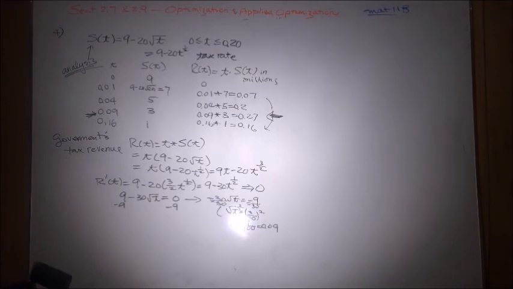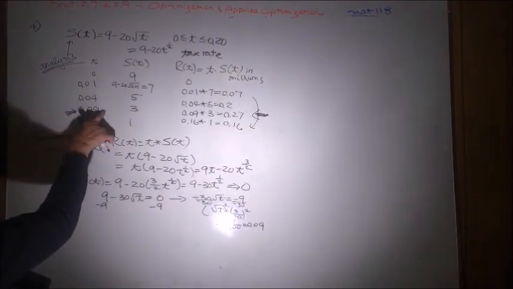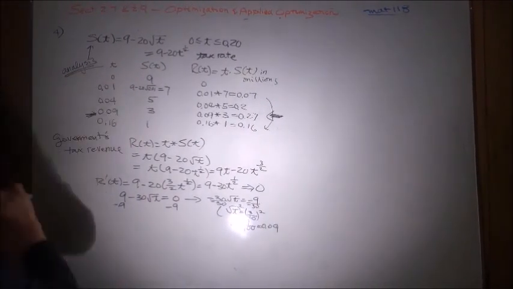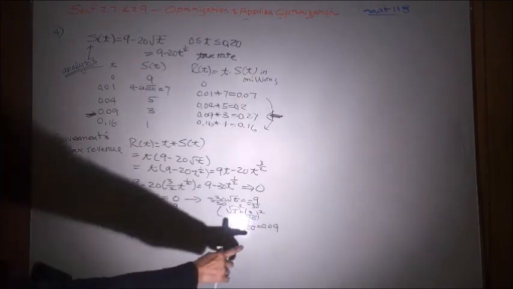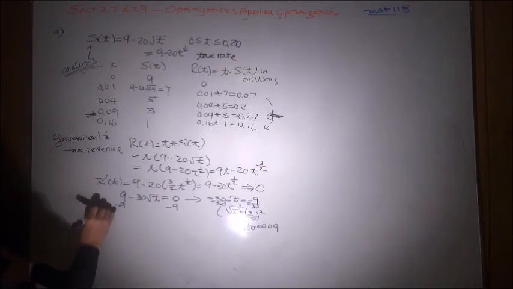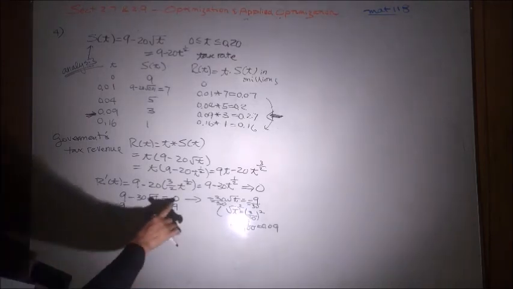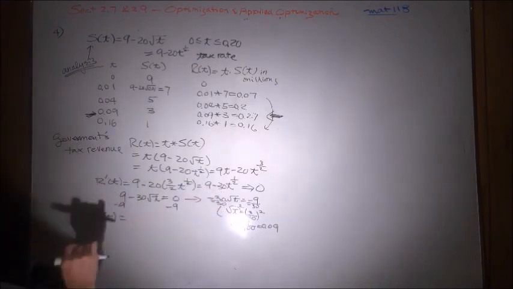So what does that mean? It means when T, the rate, is 9%, do we have a maximum or minimum? All right, so you take a derivative of this, right?